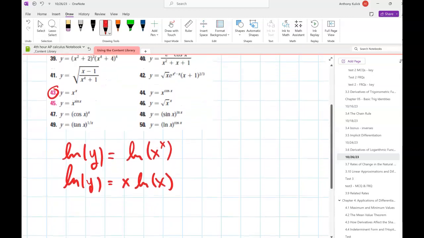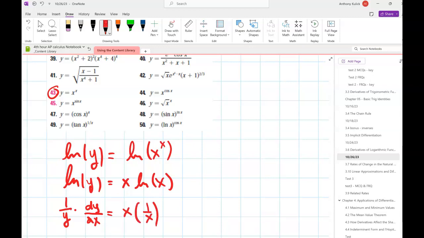And then we'll do the derivative of both sides. So the derivative of log y is 1 over y, dy dx. And to do the derivative of x log x requires a product rule. So I have x times the derivative of natural log x plus the natural log x times the derivative of x.